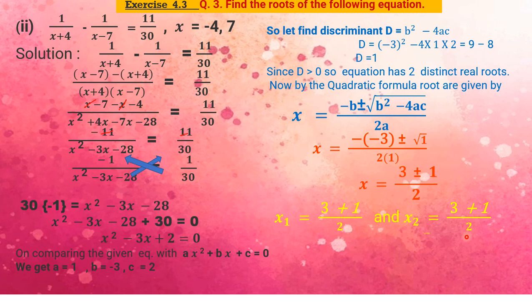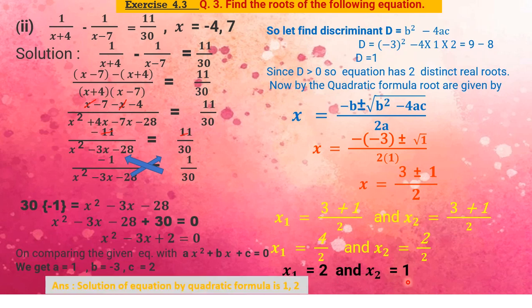Solving these, we get 4 by 2 and 2 by 2. So finally x1 is equal to 2 and x2 is equal to 1. So we can say the equation has two distinct real roots, 2 and 1.